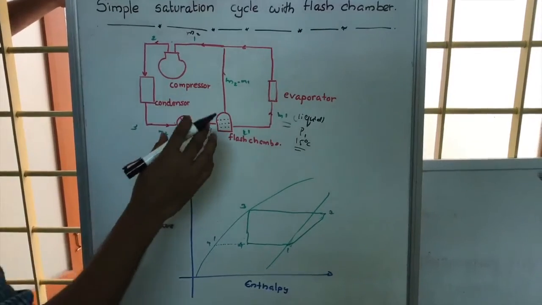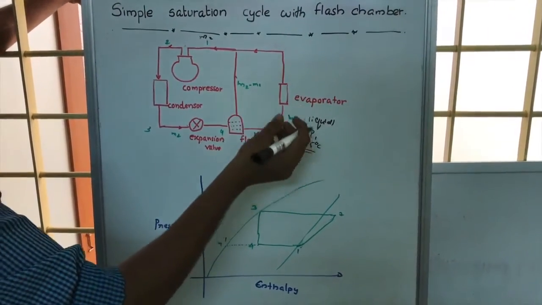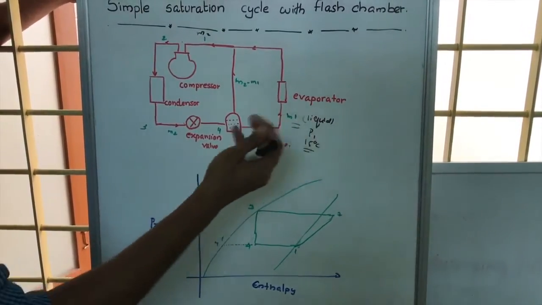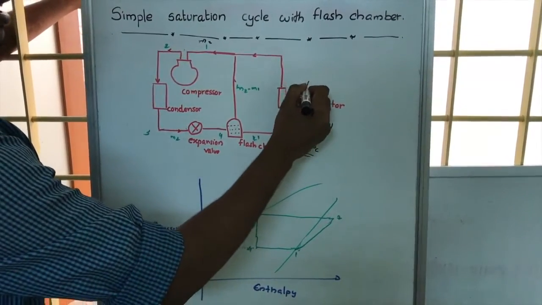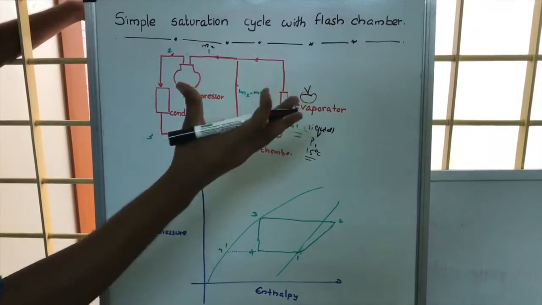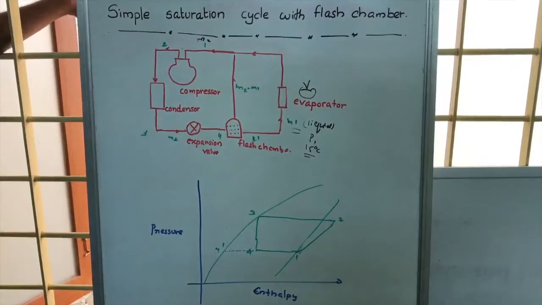That means if the temperature here is more than 15 degrees, this liquid will boil. When it boils, it absorbs heat from the surroundings. If you keep an apple here, it will absorb heat from that apple, and this liquid will boil and get evaporated. That's why we call this part the evaporator.